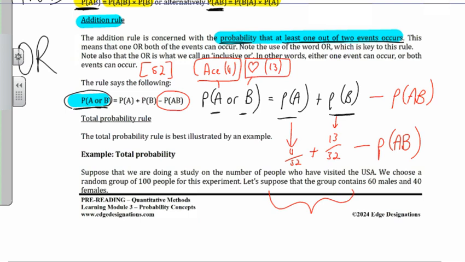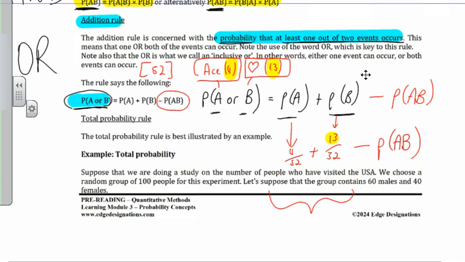Okay, because remember, it can't be both. So we say to ourselves, if I'm working within the addition rule, hold on a second, what's the probability of me picking an ace plus the probability of picking a heart? Well, an ace is 4 out of 52. There's my 4. The probability of picking a heart is 13 out of 52.